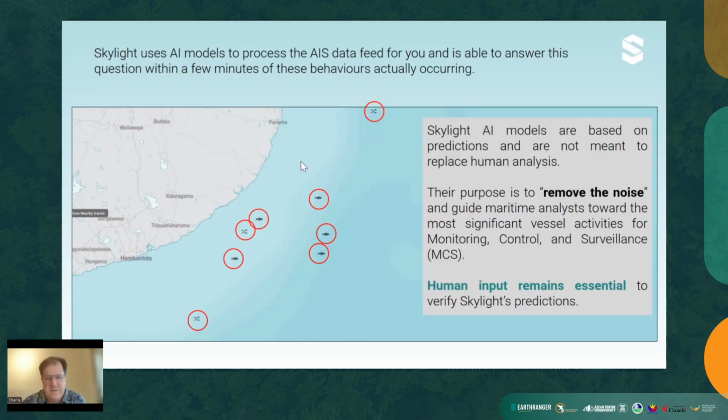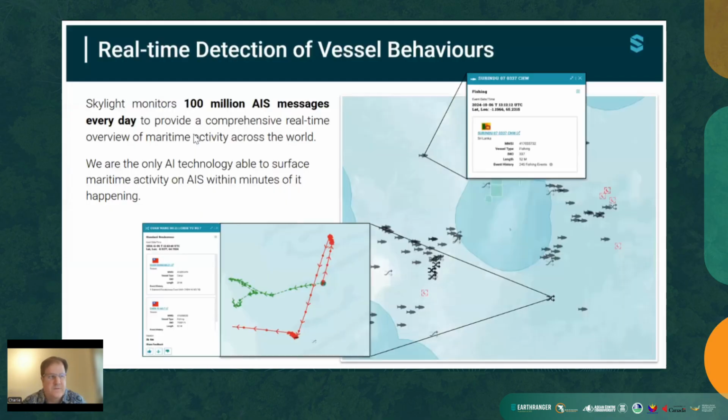maritime surveillance activities so that you can be more efficient in the allocation of your time and your resources to respond to suspicious activity. In particular, the model is trained to recognize several different categories of behavior related to fishing.